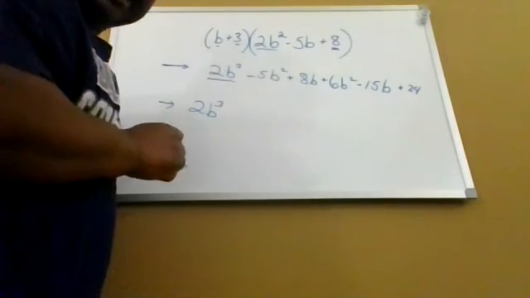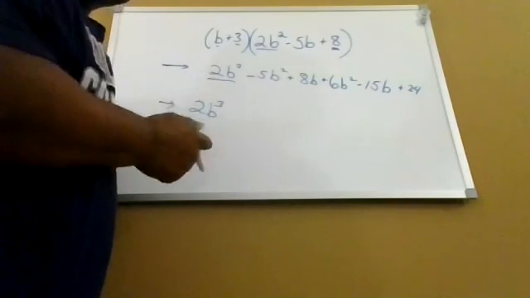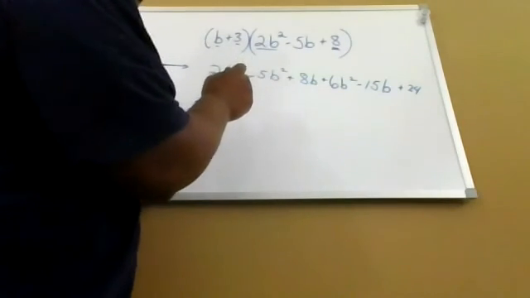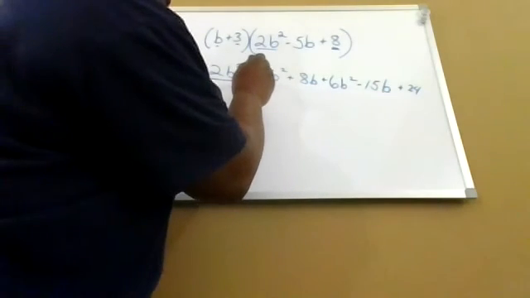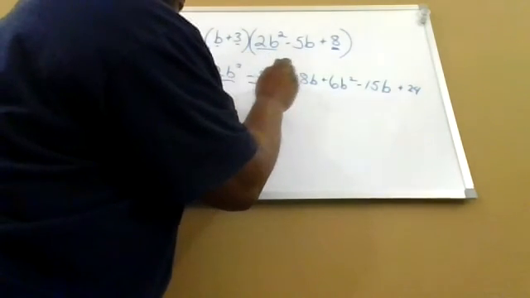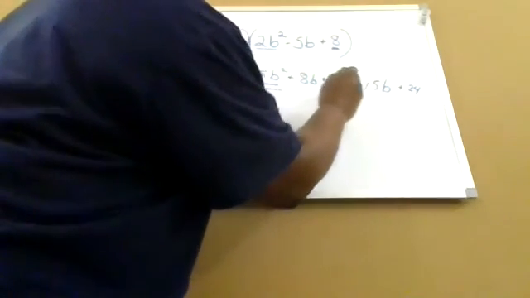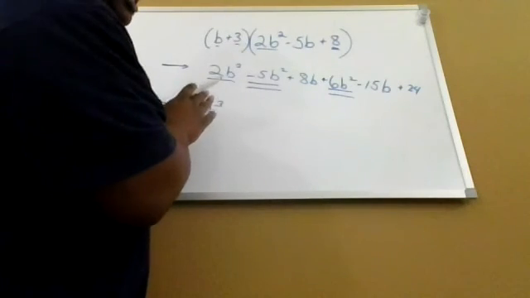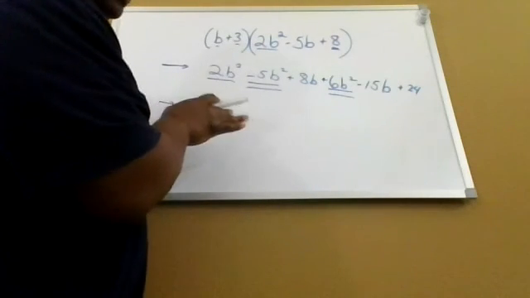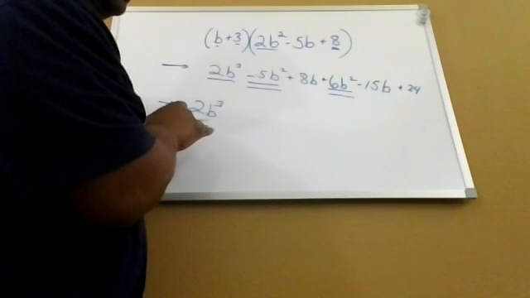Now I'm going to underline every term that has a b squared in it. And I'll underline those terms twice. So now what I have is negative 5b squared plus 6b squared.